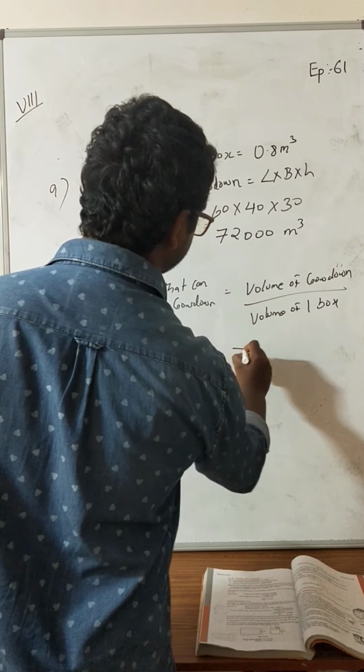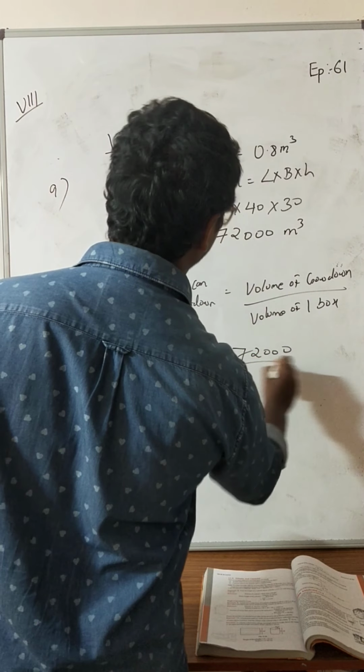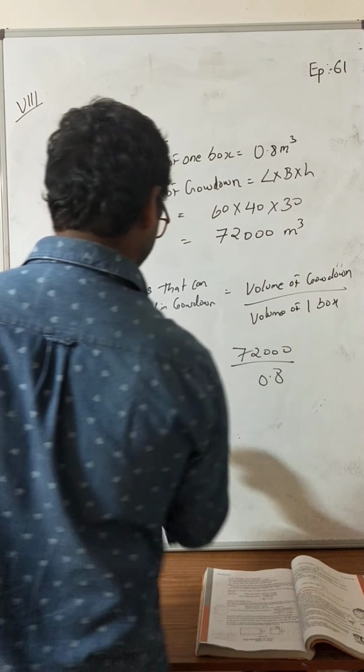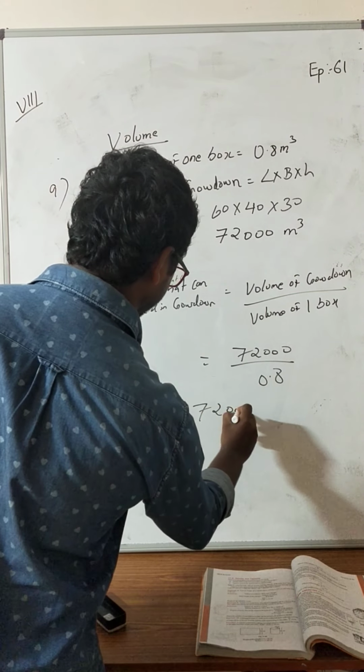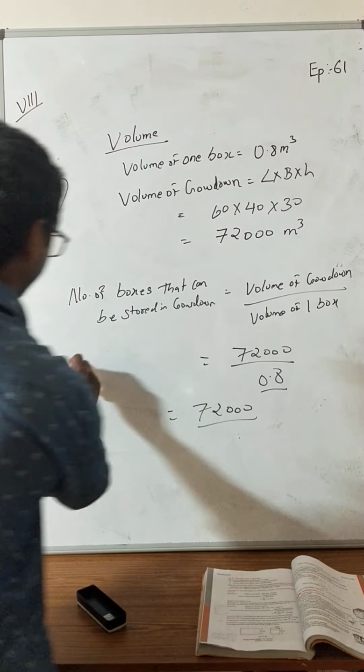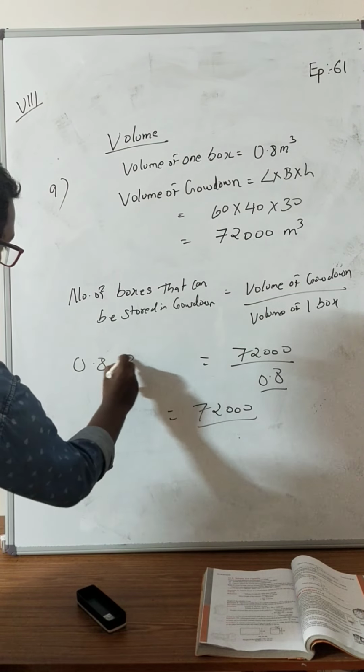So volume of godown is 72000 divided by 0.8. 0.8 can be written as 8 by 10.